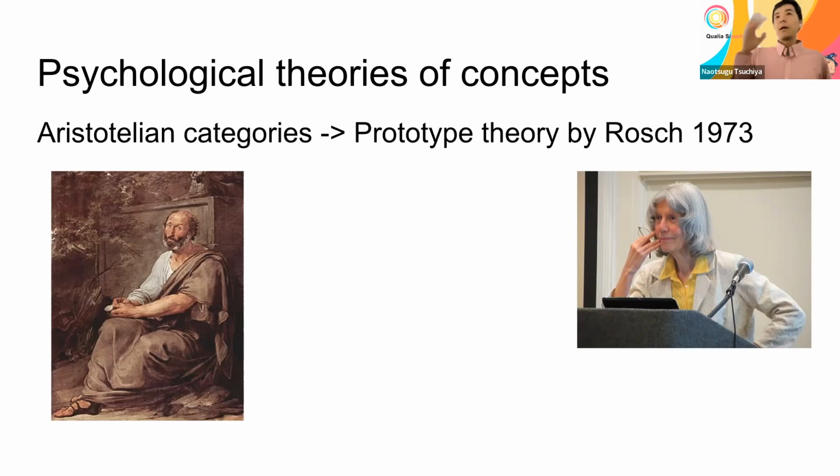And then there was a significant expansion of this theory called prototype theory by Eleanor Rosch around 1973. What Eleanor Rosch proposed was that category is not something rigid like Aristotle had been proposing.